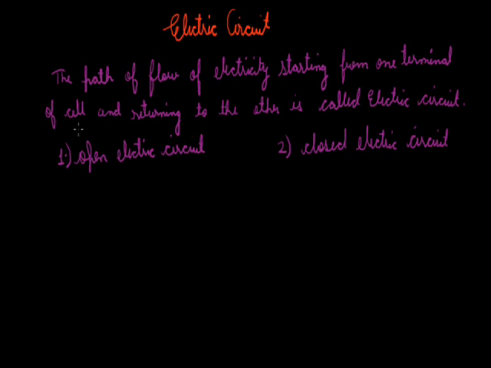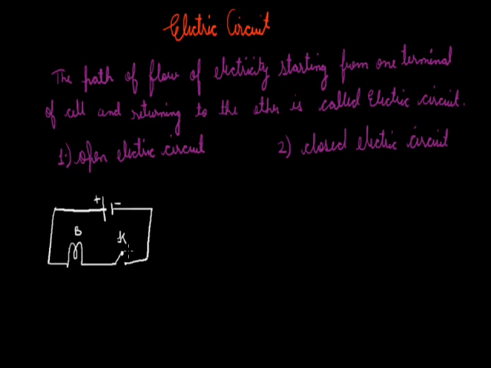because it is an electric circuit in which the plug of the key is taken out, meaning the connecting wires which connect to each other to form a path are broken at a particular point. Like this is a cell, positive and negative, this is a bulb, and this is a key.